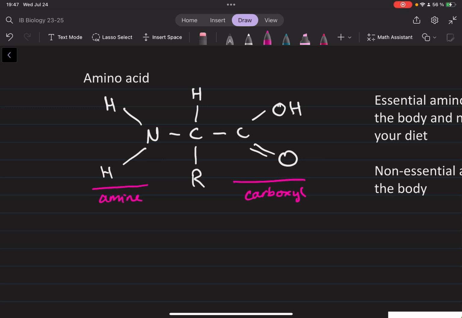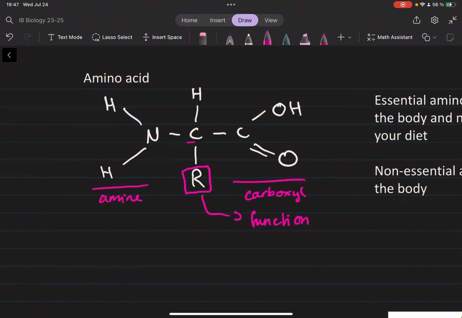And then this middle part, which is the carbon that bonds the amine and the carboxyl group, also bonded to a hydrogen. And then this is the important part, the R group. Now the R group isn't fixed in an amino acid. It differs from every amino acid, and it's what gives it its function.